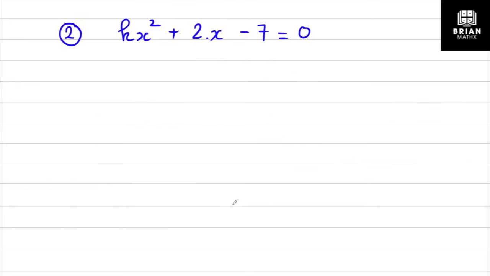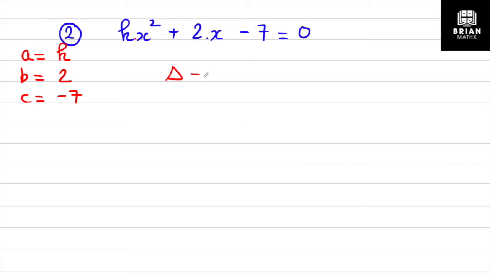Question 2: kx squared plus 2x negative 7 equal to 0. So what is the expression for the discriminant in this question? The first step, we determine the value of a, value of b, and value of c. a equal to k, the coefficient of x squared is k. The value of b is 2 and the value of c is negative 7.